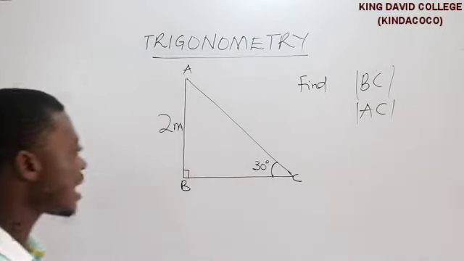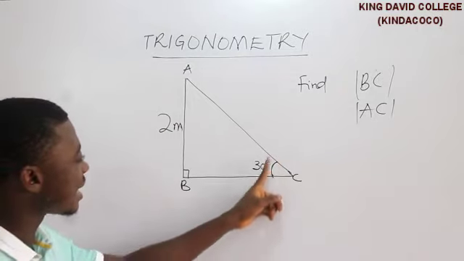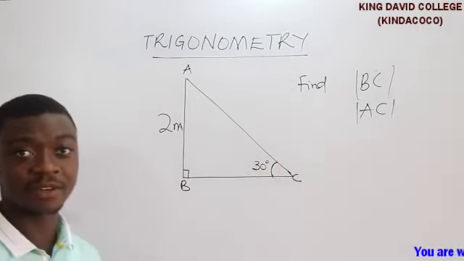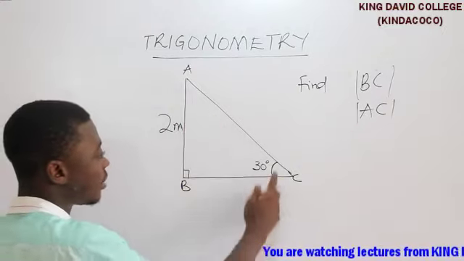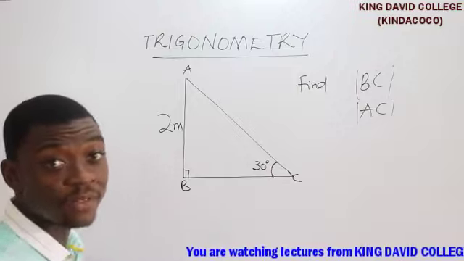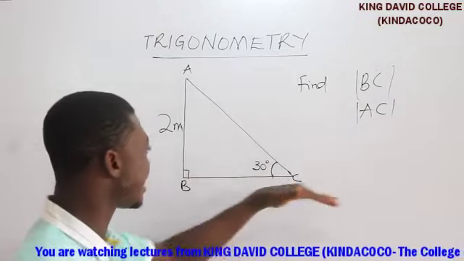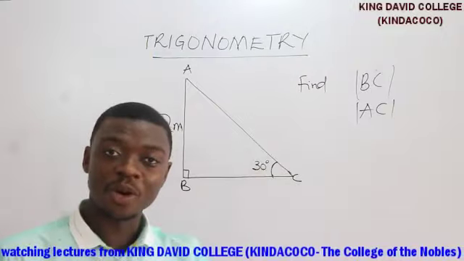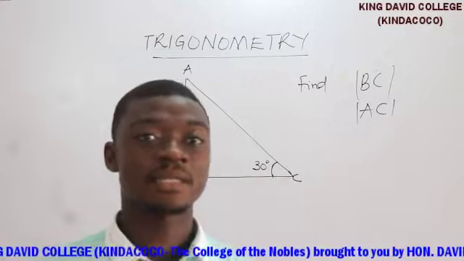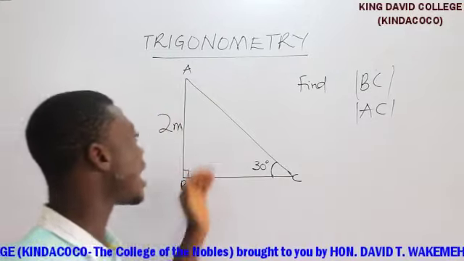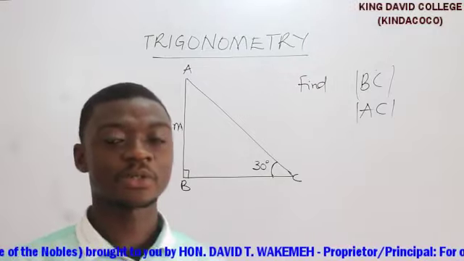So if you have a situation like this, where you know the angle of one of the corners of this right angle triangle, say I know this place or this place, if you know one of the angles and one of the sides, it could be here, here, or here, then it becomes very easy to establish the rest or any part of this triangle you are given.